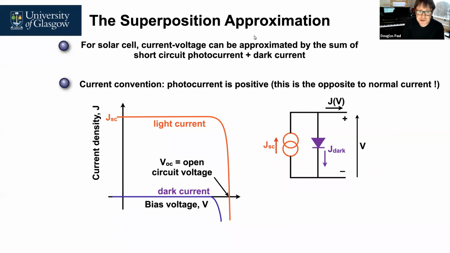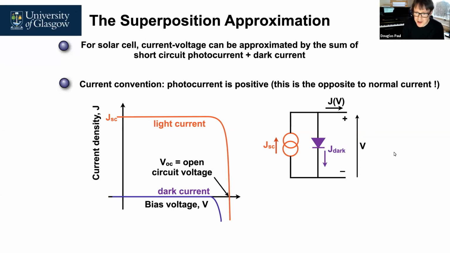We use what's known as the superposition approximation, that we can have the compact model here that is just the dark current plus a current source for the photovoltaic generation of electricity. So we generate a current every time light shines on it, and that will happen up to a particular voltage that's known as the open circuit voltage.